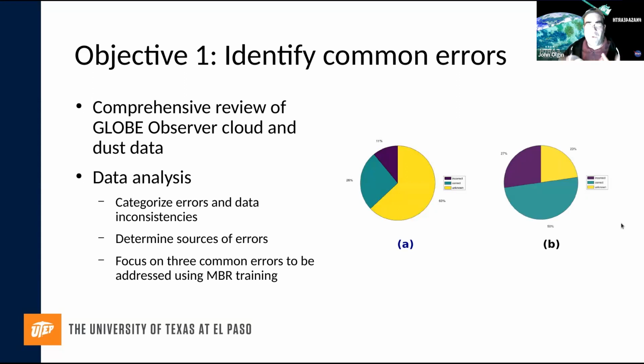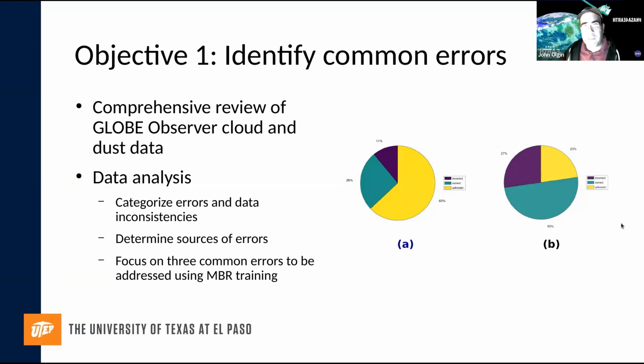So what I wanted to do first, before we even apply this new training technique and see if it helps with the data quality of a cohort of GLOBE participants, was identify some of the common issues or errors that you might find in the data.